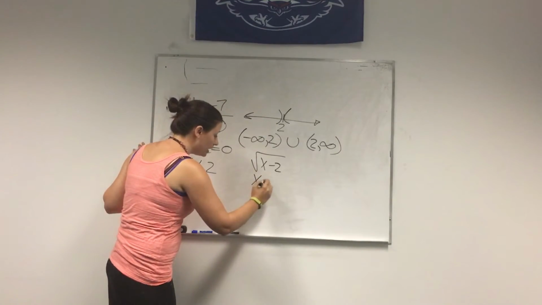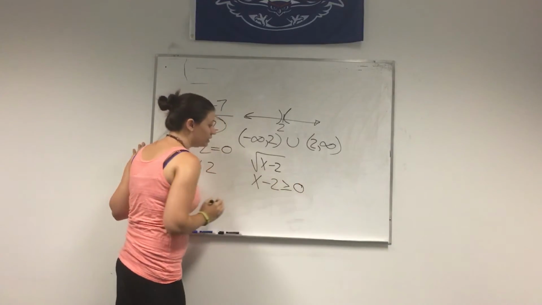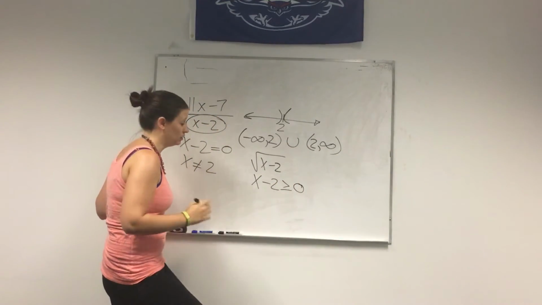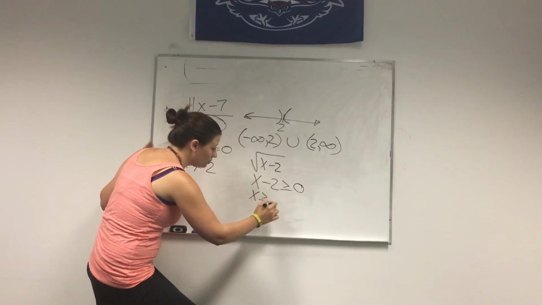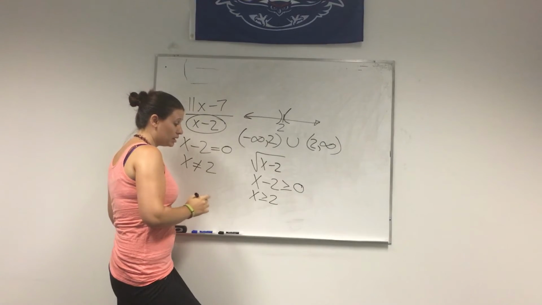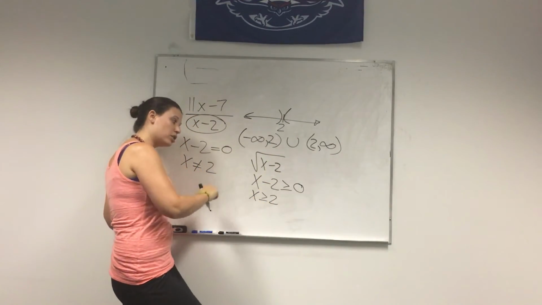So what we say here is x minus 2 has to be greater than or equal to 0, basically just not negative. And then, again, solve. So x has to be greater than or equal to 2, meaning it can equal 2, it can be bigger than 2, it just can't be smaller than 2.